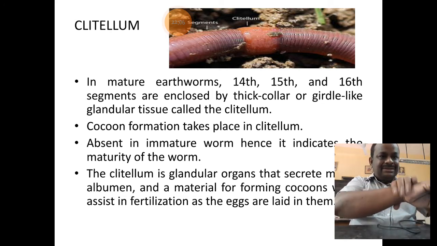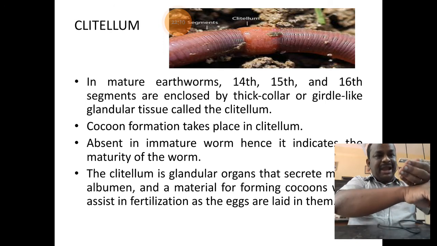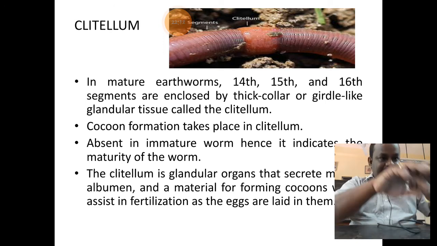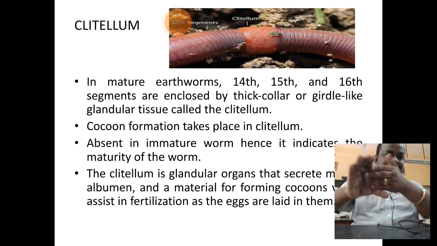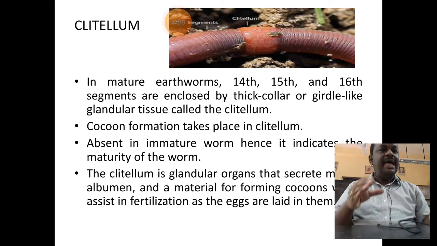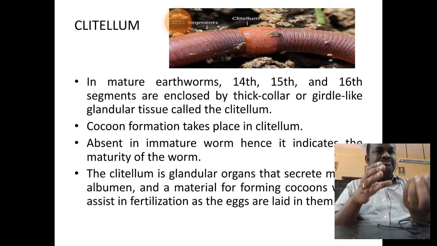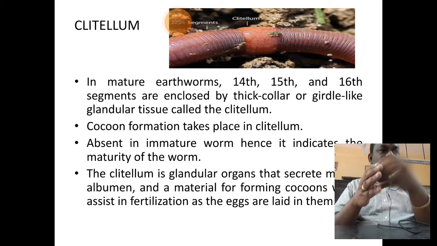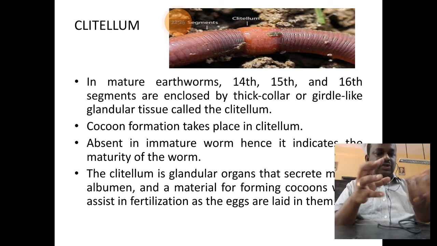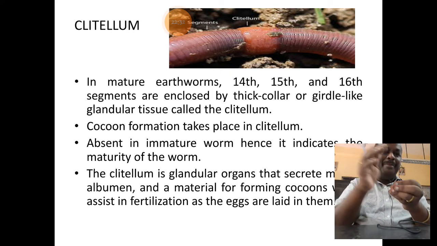Now, this Clitellum starts secreting its secretions of mucus and albumin, and they are thrown inside, that is towards the inner surface. The Clitellum inner surface will secrete those secretions. And this is the region almost where the male and female gametic cells are also thrown out. So, sperms are thrown out, eggs are thrown out, and these secretions are also thrown in by the Clitellum.